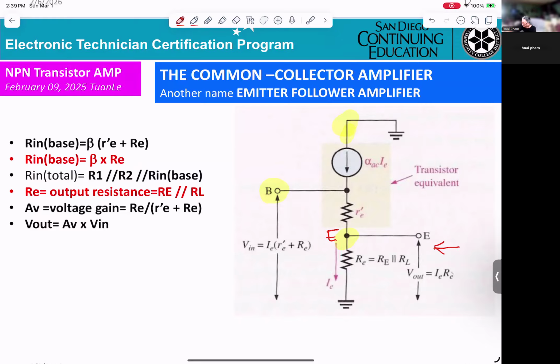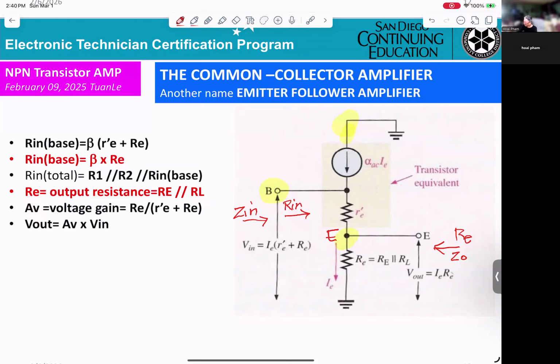Okay, let's see. RE or RL, same thing. RE. R in total, that means we're looking from here.